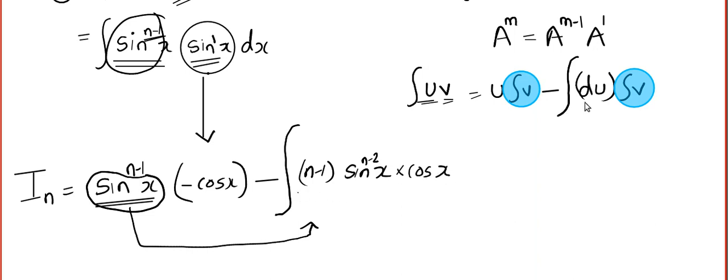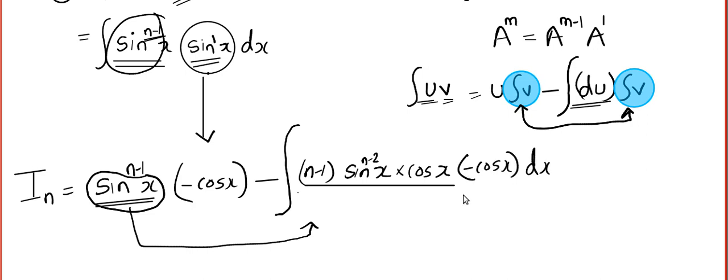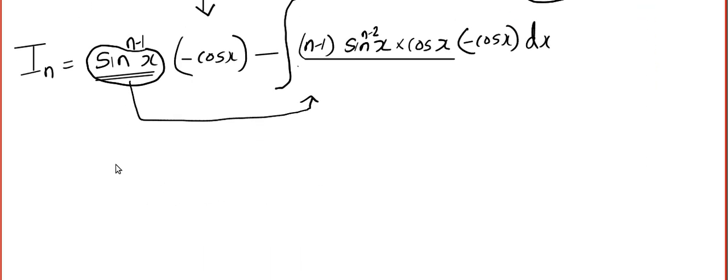Okay, so that differentiation part is done. And one good thing is the second term inside the integral and the second term outside the integral is the same. That means I'm just going to copy that minus cos x and I'll put dx from that differential. That's it.